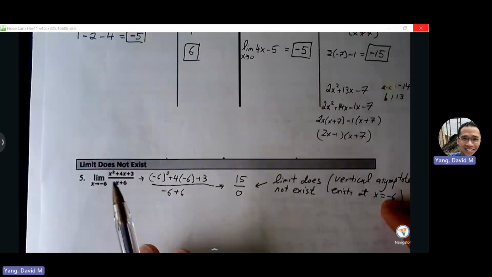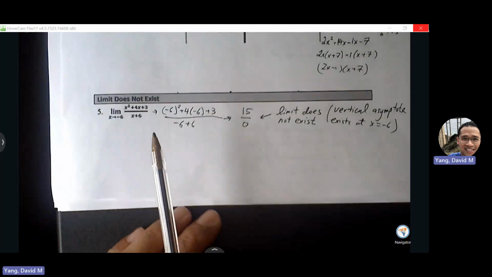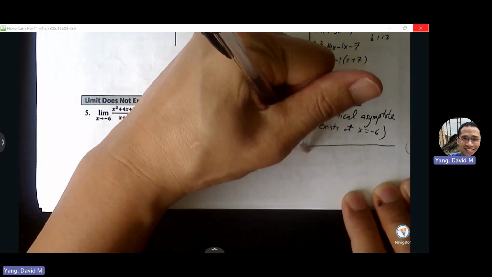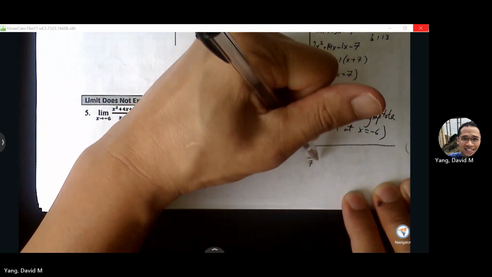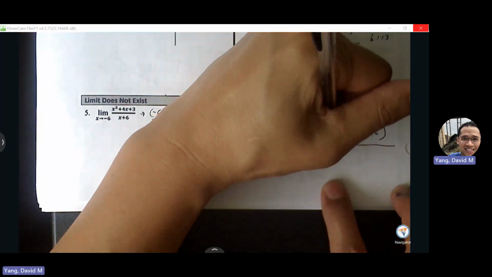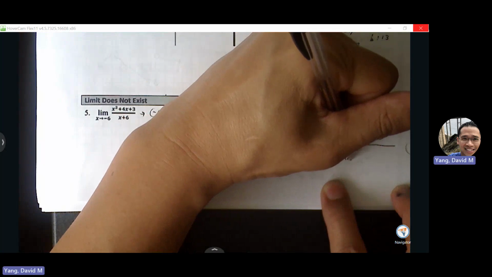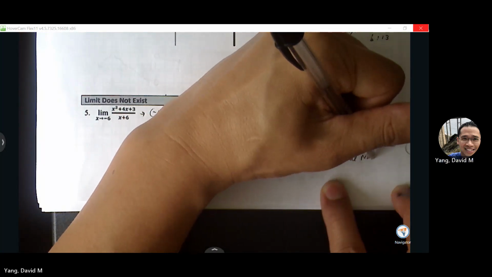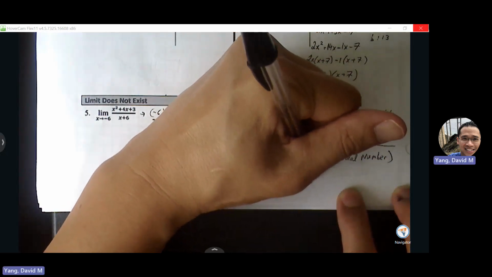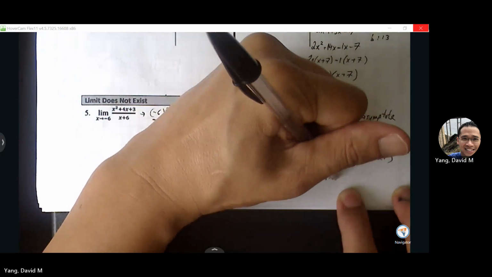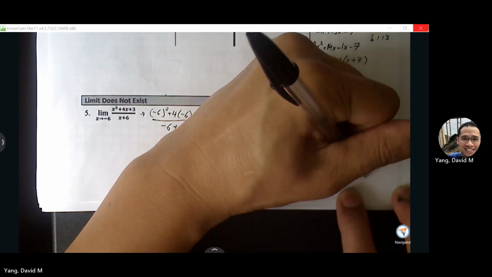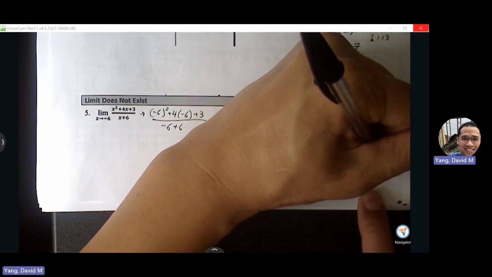Let me highlight a few things about zero. I'll just put a side note here. If I had 0/7, that's the same thing as what? That's 0. Okay, that's a real number, that we can leave alone and not do anything with it. But if I get 0/0, that's indeterminate form. You know, there's a hole in the graph.